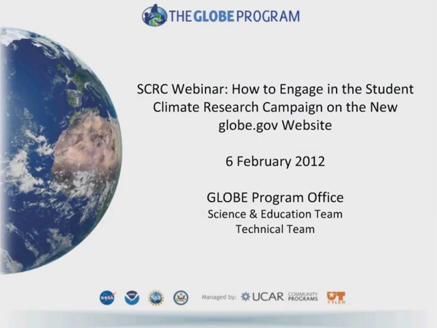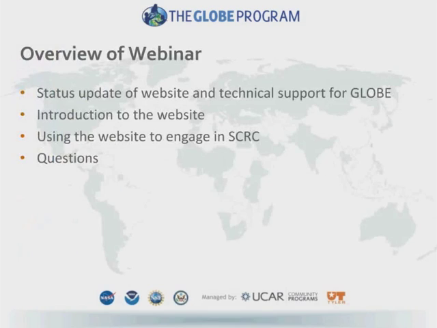As I said, this is an overview webinar to introduce you to the new website and show you a little bit about some of the functionality in what they call collaboration groups that we're going to be using for the climate campaign. I'm going to start out by giving you a little bit of background on where we're at and where we're headed, and then I'm going to turn things over to John Lang, who's going to give you a tour.